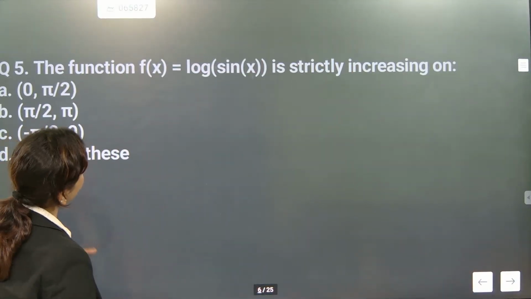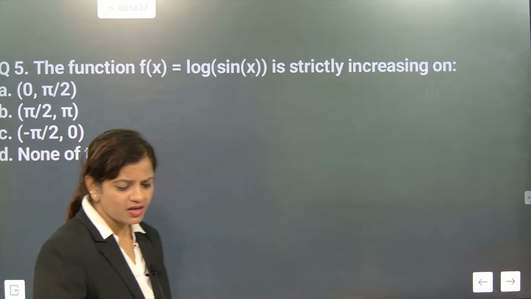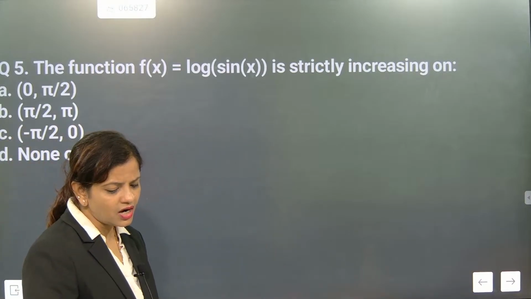The function f of x is equal to... these are very, very typical questions. Still you can't understand?